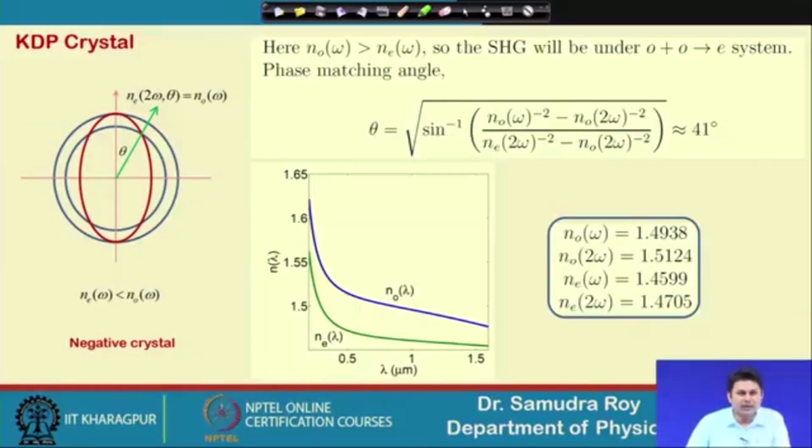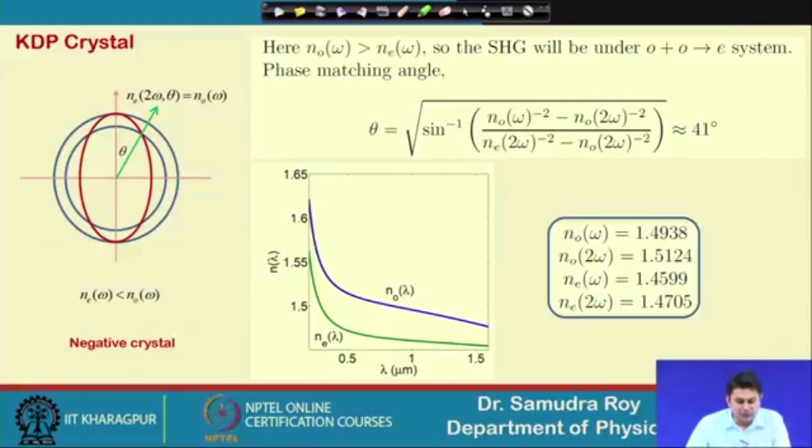Let us go back to our old slide. This is not a very new slide. Last day we showed the nature of the KDP crystal, and this is a negative crystal, that is why the refractive index of the ordinary wave at a particular wavelength is greater than the refractive index of the extraordinary wave at that wavelength.